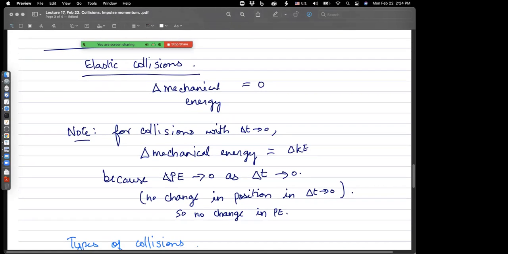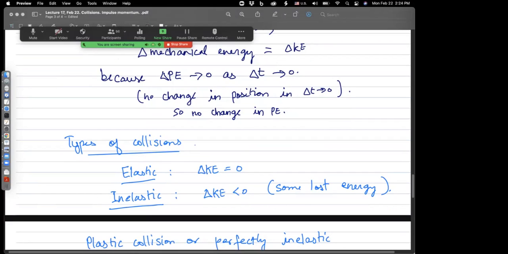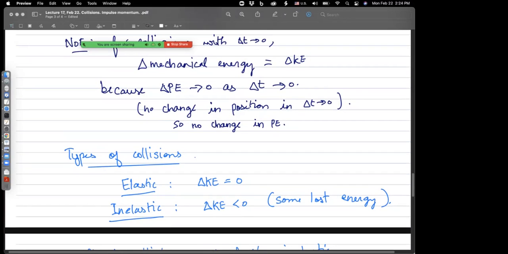Okay, so moving further, elastic collisions: delta mechanical energy equal to 0, or equivalently delta kinetic energy equal to 0. And then we call something inelastic. Inelastic means delta kinetic energy less than 0, some lost energy, some lost kinetic energy.